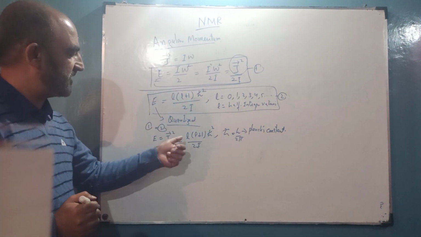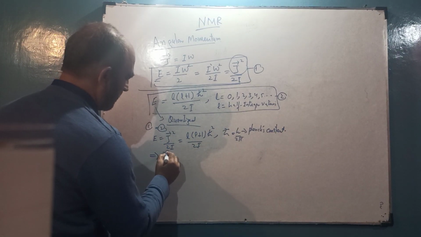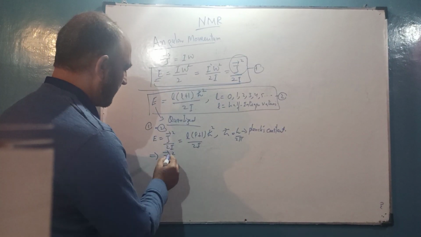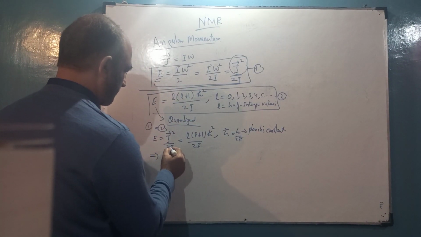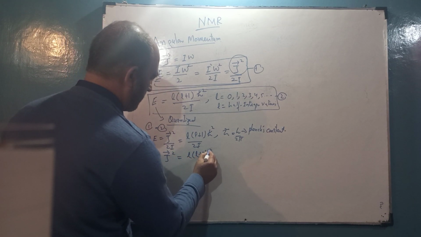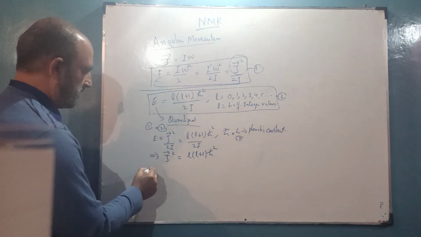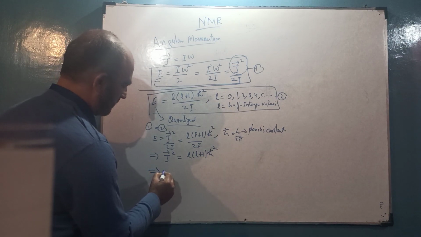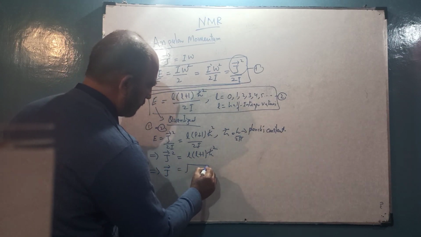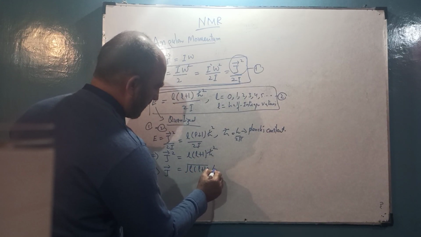Now from this it implies that J squared, that is angular momentum squared, is equal to L into L plus 1 h bar squared, or J is equal to under root L into L plus 1 h bar.